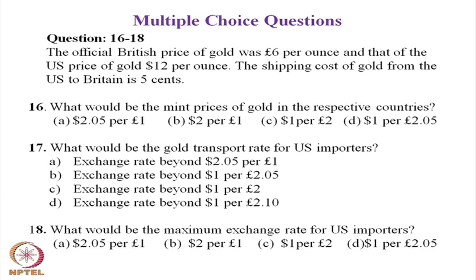The official British price of gold was 6 pounds sterling per ounce, and that of the US price of gold is $12 per ounce. The shipping cost of gold from US to Britain is 5 cents. With this background, you have to answer question number 16, 17 and 18.